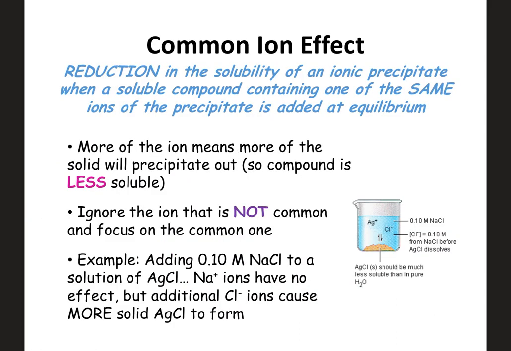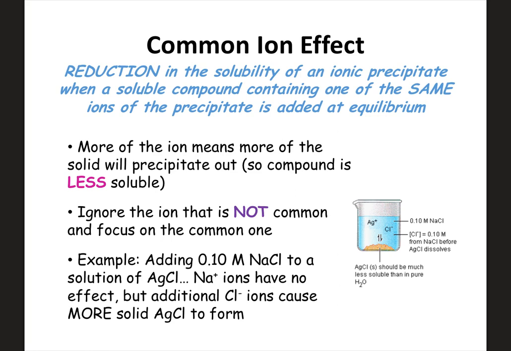The next type of problem we see here are problems involving a common ion or the common ion effect. The basic gist of this is that there is always a reduction or a lowering of the solubility of a precipitate whenever you add or mix in a compound that has a similar ion in it.